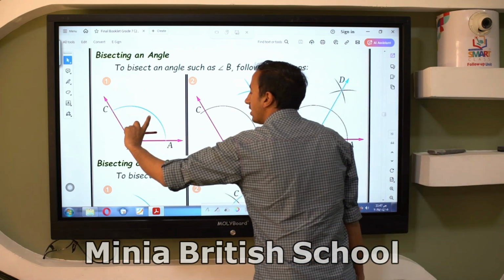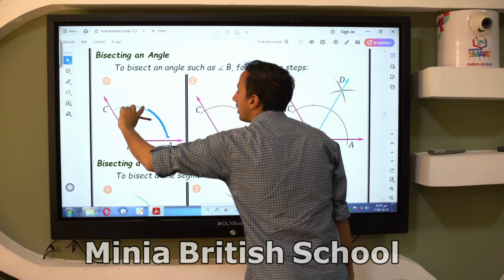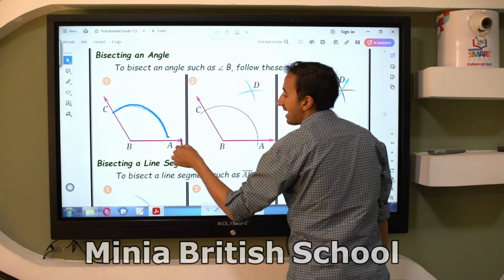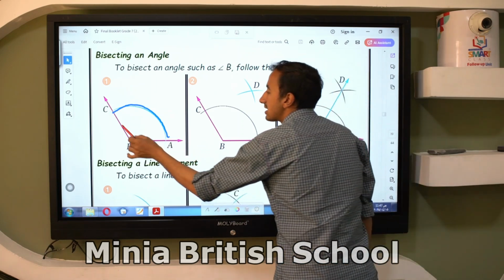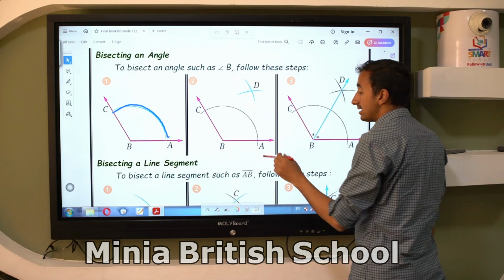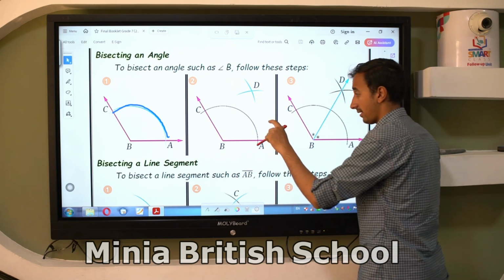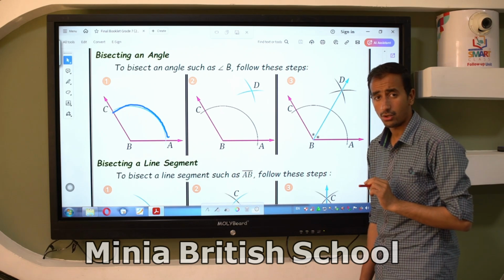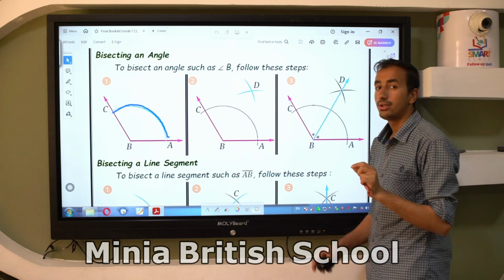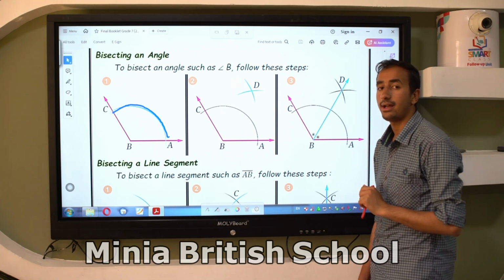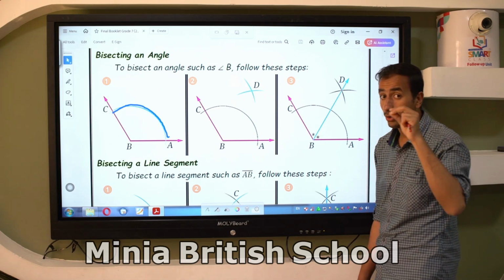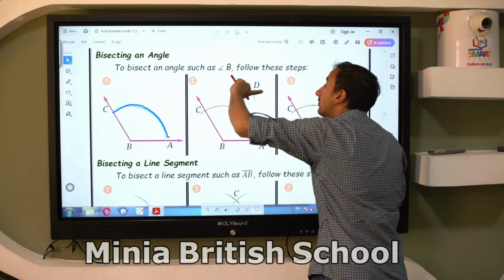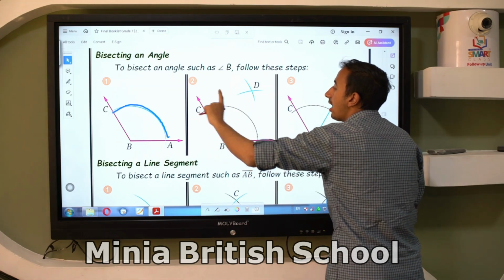Place the compass here and make an arc from the vertex, intersecting the ray AB and the ray BC. Then start the compass from A and open the compass. Yes, and don't close this opening. This opening is important to make an arc here, and the same opening for an arc from D. Arc from A, arc from D.